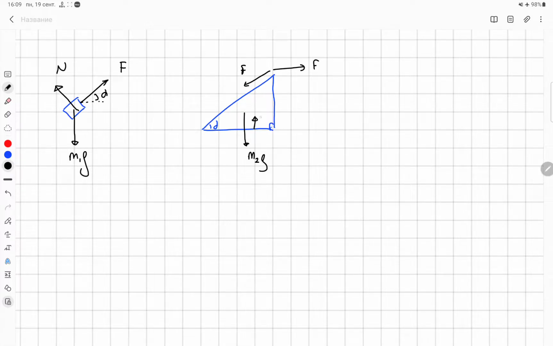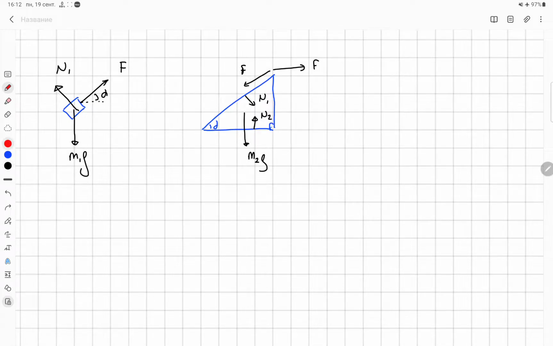Upward we have, let's call it normal force 2, the normal force between the surface and this inclined plane. And in this direction we have N, let's call it N1. I think that's all. We have 5 forces acting on this inclined plane.